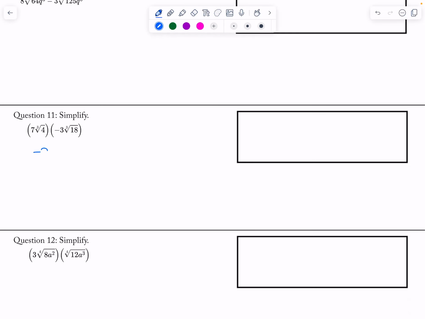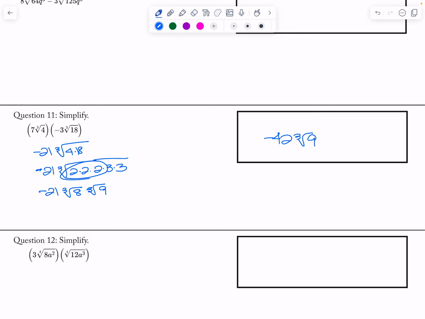Again, we'll multiply. So -21 cube root of 4 times 18. So -21 cube root 2 times 2, 2 times 3 times 3. So I have 3 2's here, so -21 cube root of 8, and then the cube root of 9. So 42, so -42 cube root of 9.